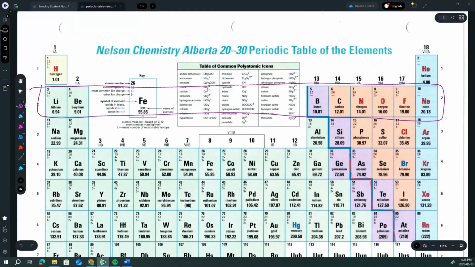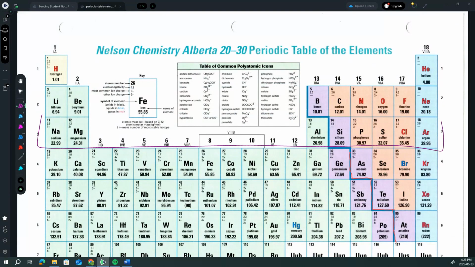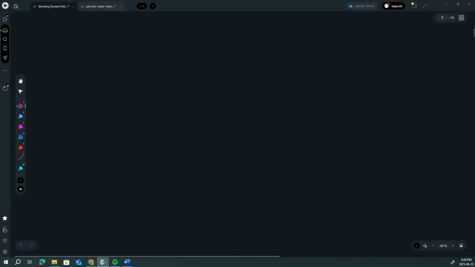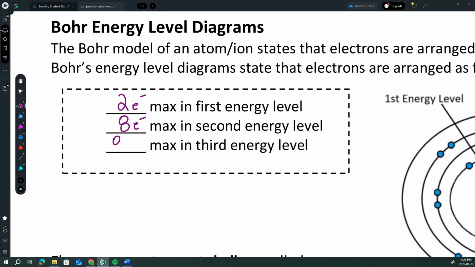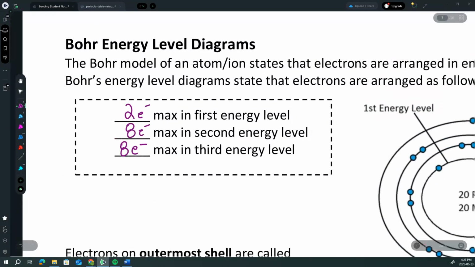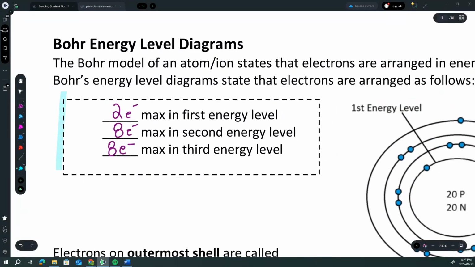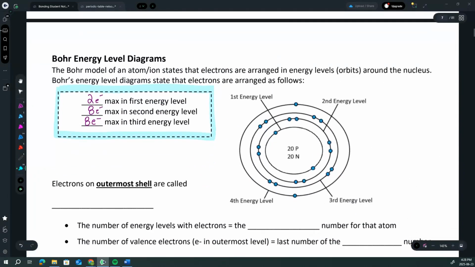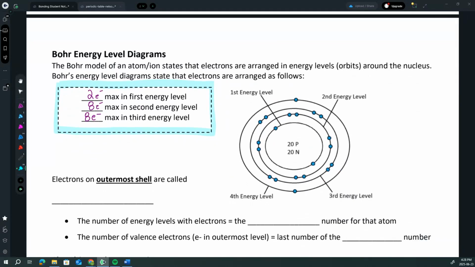And with the third row, or the third period, once again there are 8 elements. So that means we can fit a maximum of 8 electrons in the third energy level. These numbers are very important for helping you to draw Bohr energy level diagrams.